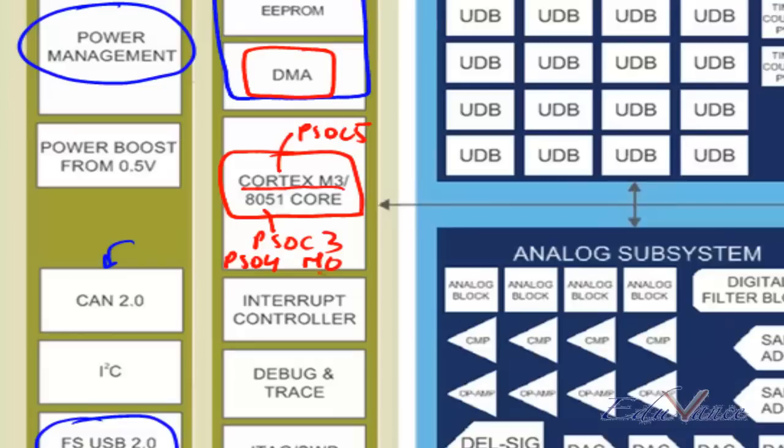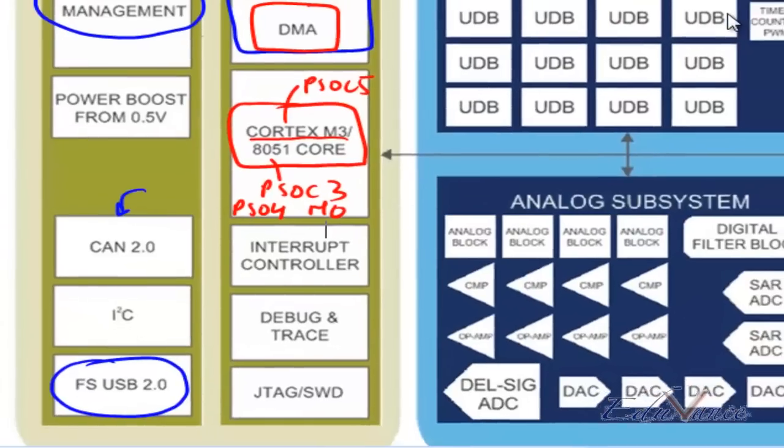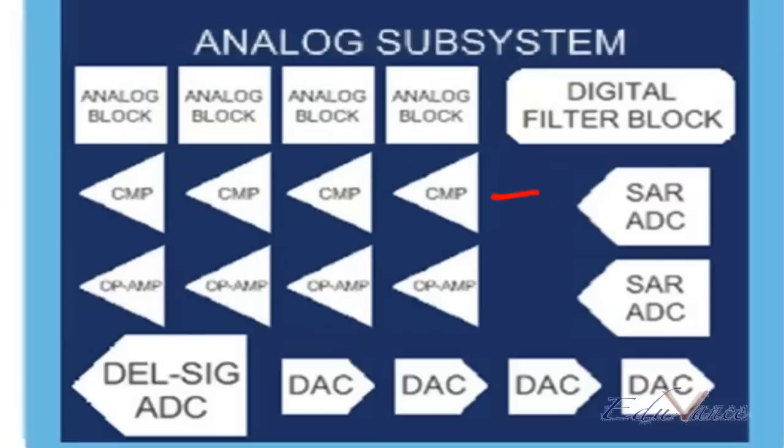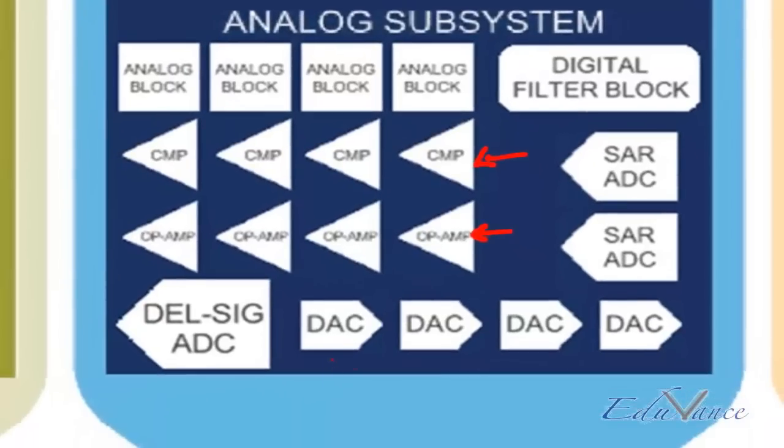Then as part of your PSoC devices, you have the analog subsystem, where you have programmable comparators. These are the comparators. You have programmable op-amps, you have DACs, you have voltage DACs, you have current DACs.